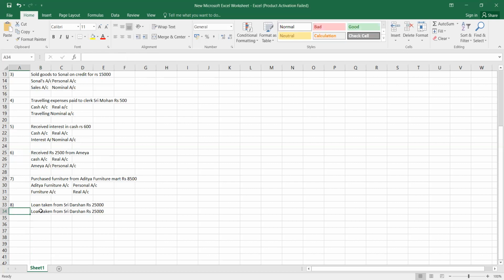Okay, loan from Sri Darshan is your first account that is impacted. And the second account is cash account. Okay, so loan from Sri Darshan is a personal account. So the next account is cash account, which is your real account.